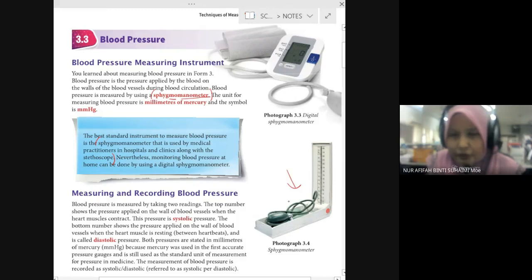This one, photograph 3.4, we use with the stethoscope. However, if you want to monitor your blood pressure, we can use a digital sphygmomanometer because it is easy to read the reading.